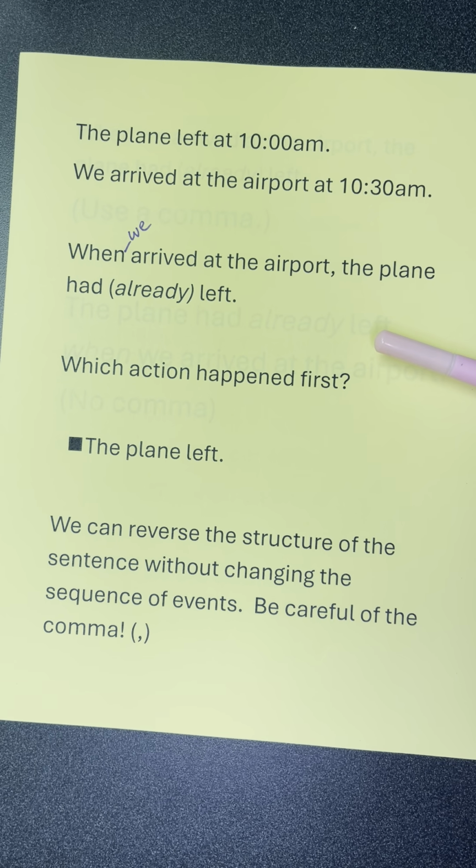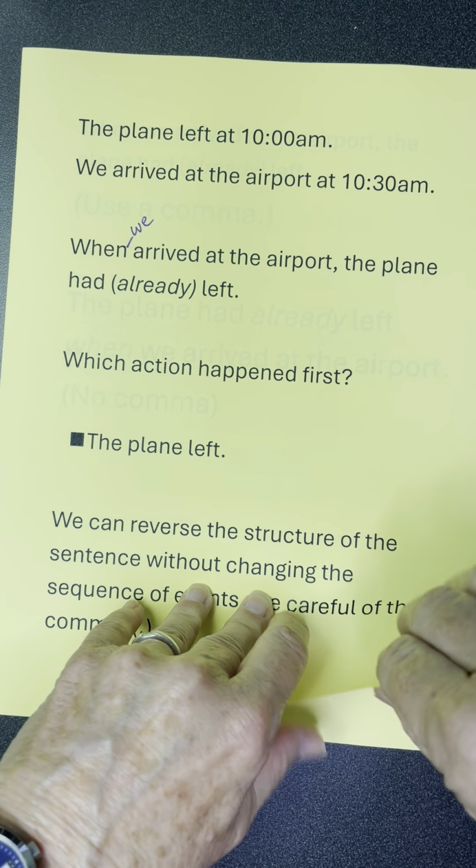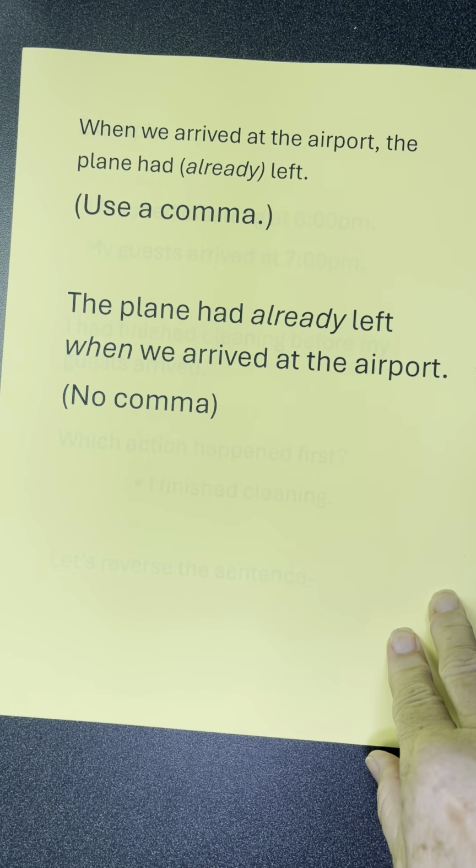The plane had left. Okay, down here it says that we can reverse the structure of the sentence without changing the sequence of events. Be careful of the comma. All right, so let's take a look at what that means here.